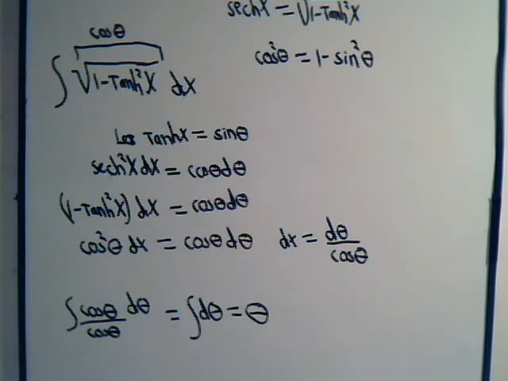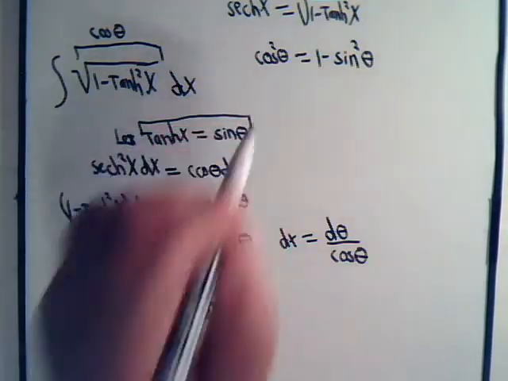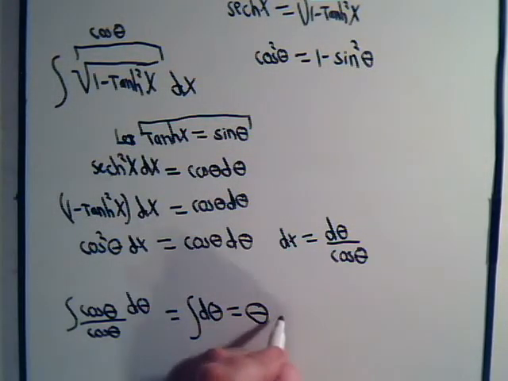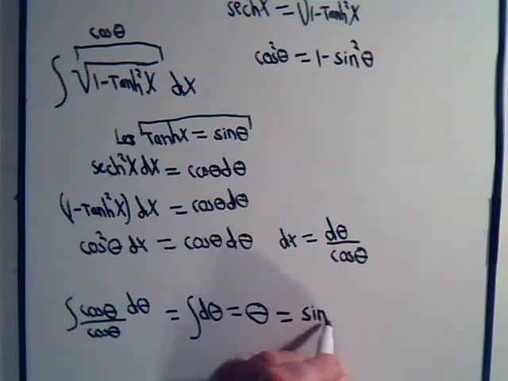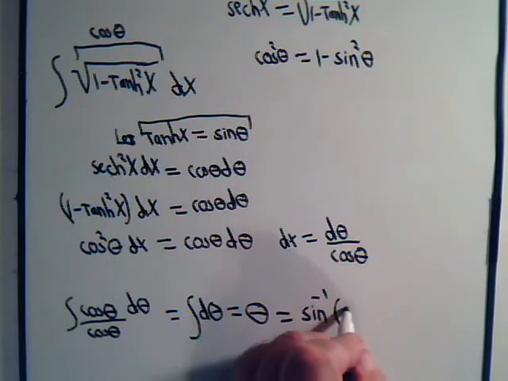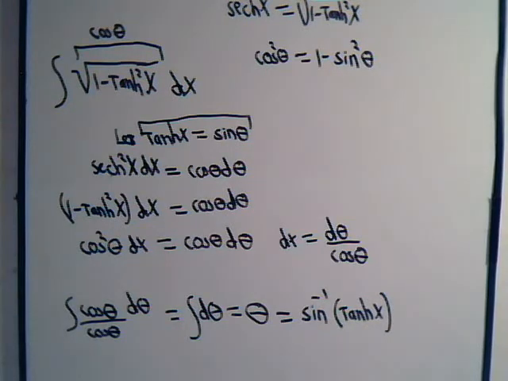And now we go back up to our substitution. Theta is going to equal the inverse sine of the hyperbolic tangent of x. So we go back now to our original integral.